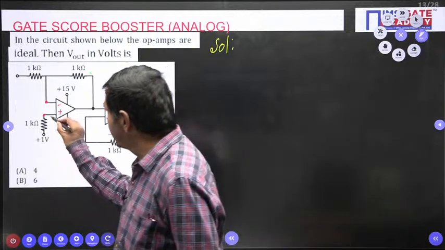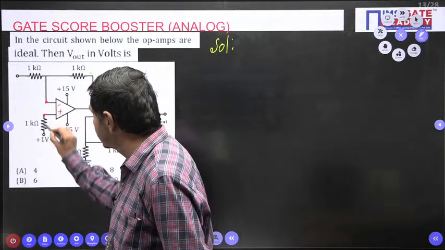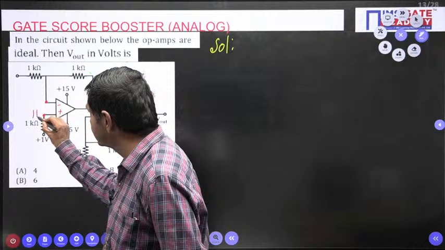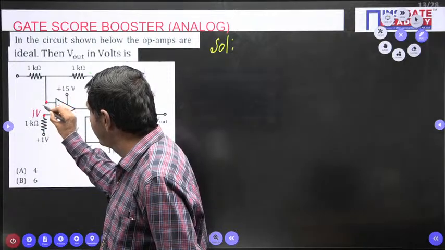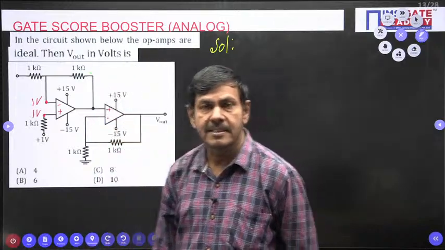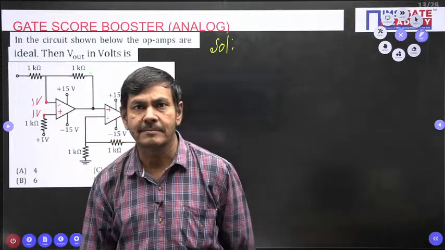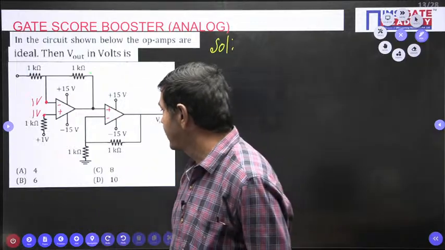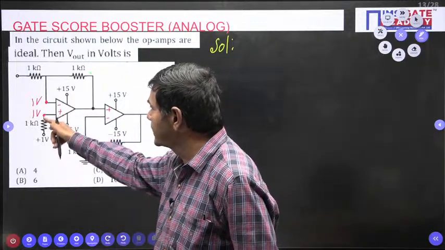What voltage can I have here? V plus is the same one voltage, and V minus is also the same one voltage. Understand now? This is a 1 voltage, this is a 1 voltage.